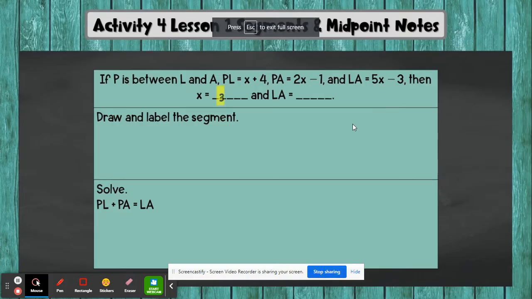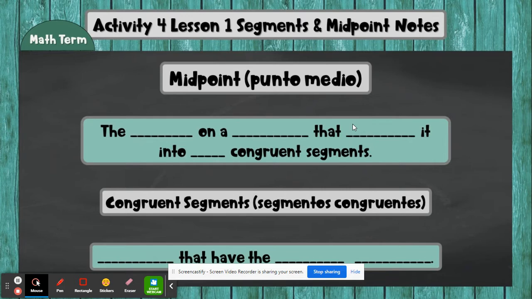All right. So as long as you're drawing pictures, I think it's relatively easy to see. Now, there is going to be a different word, midpoint. Okay. Midpoint. So the midpoint is the point on a segment that divides it into two congruent segments.